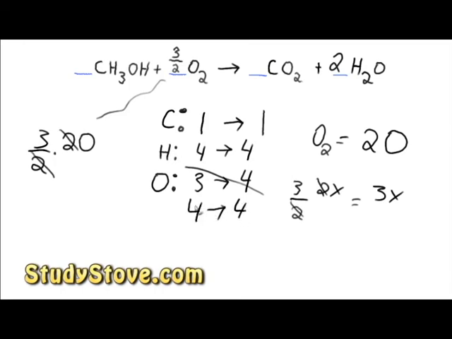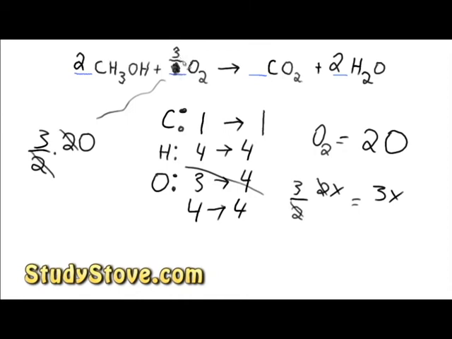And everything is balanced. But for these chemical equations, it's not good to leave these fractions here. So you have to multiply everything through by the number in the denominator to get rid of that. We would multiply this entire equation by 2. So we would end up with a 2 coefficient here. 3 halves times 2 would be equal to 3, so I'm just going to scratch that out.